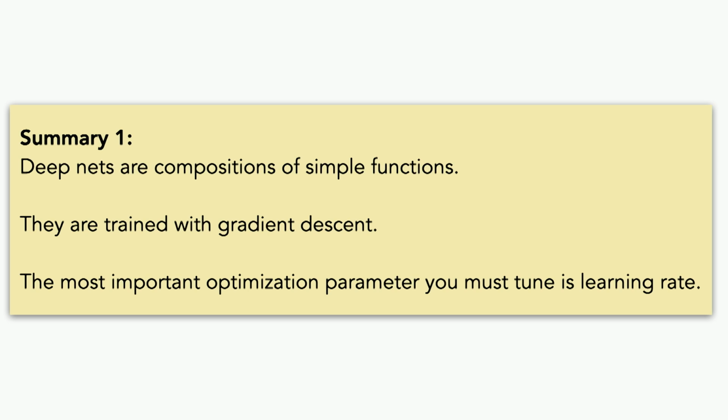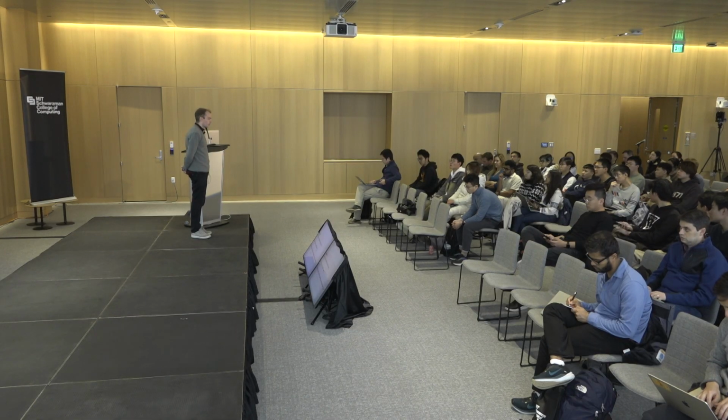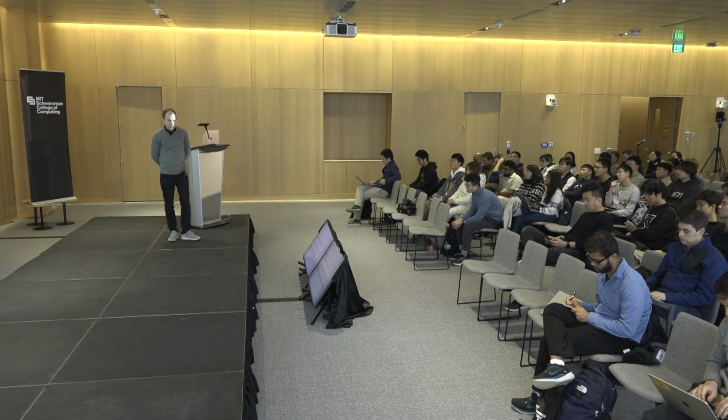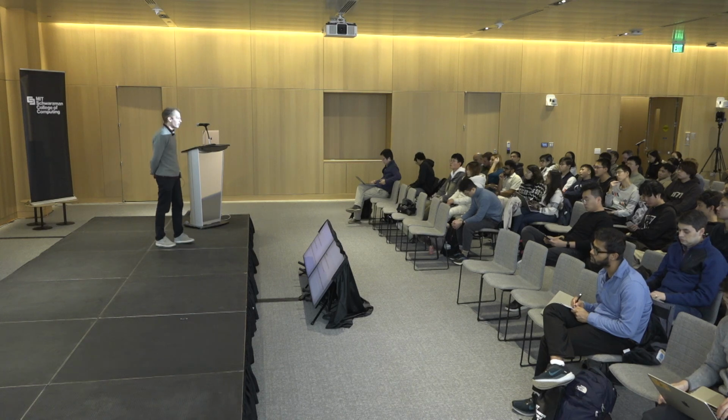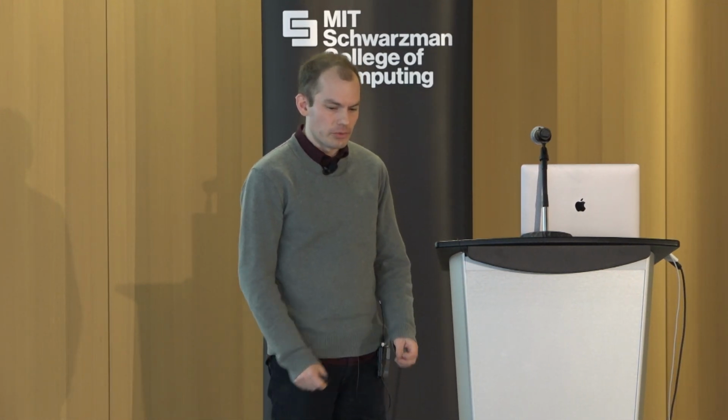Yeah, question. Is there any strategy to fine-tune the learning rate? The answer is yes, there's a whole field of work around this, and I don't think it has yet really converged on a good solution. But the general strategy is you just try a bunch of learning rates. You might call that grid search.